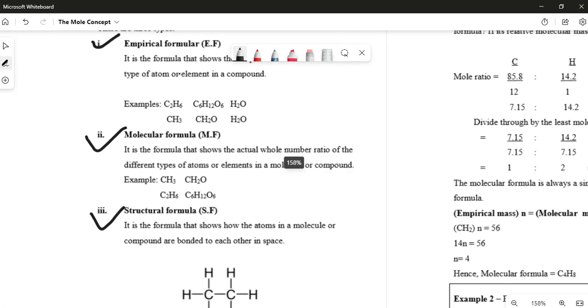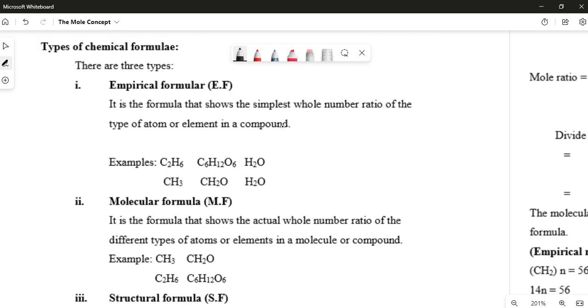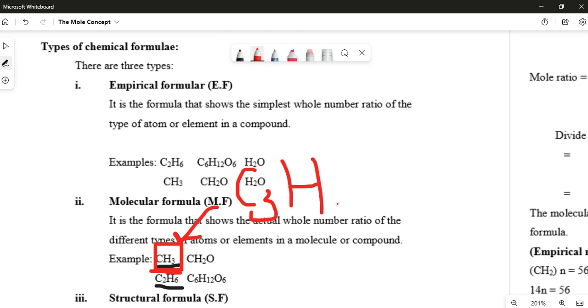So first of all, empirical formula. Empirical formula is a formula that shows the simplest whole number ratio of the types of atoms or elements in a compound. And molecular formula is a formula that shows the actual whole number ratio of different types of atoms or elements in a molecule or compound. This cannot be further simplified, so this could be our empirical formula, which could be derived from, let's say, C3H9.